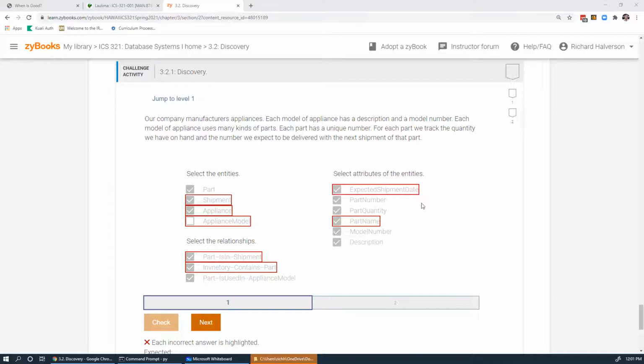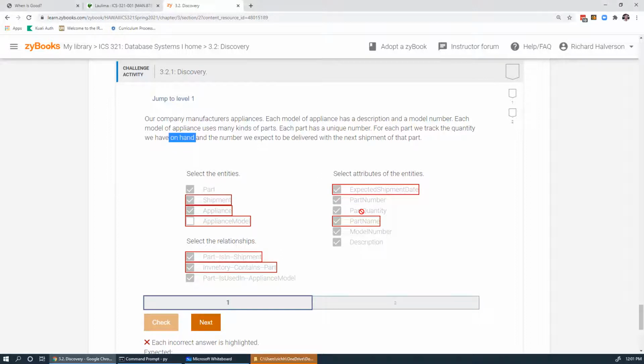So the selected attributes are part number, which is an attribute of the part. Part quantity is the number of parts on hand. For each part, we track the quantity we have on hand.